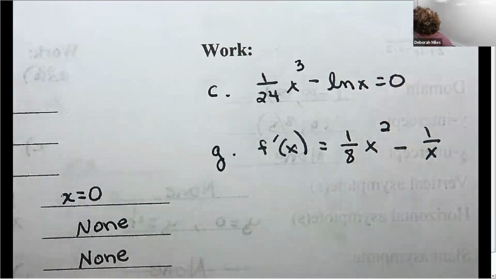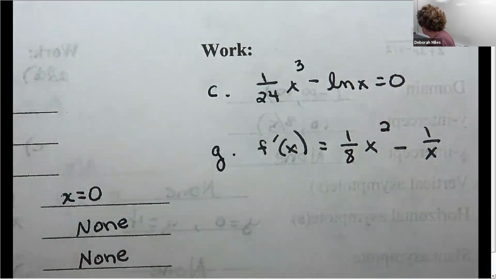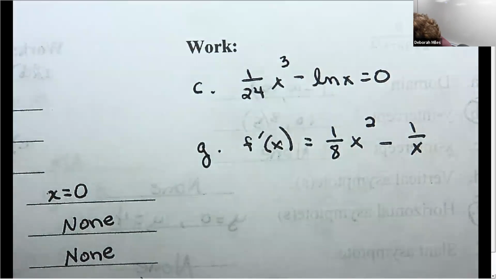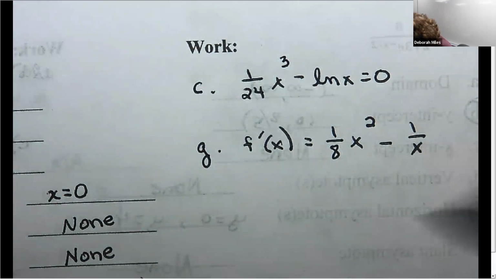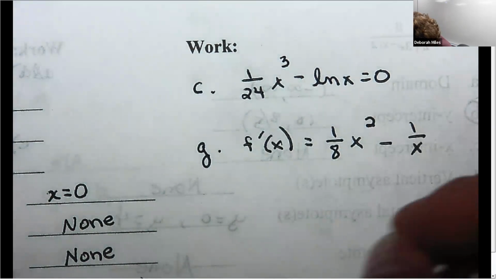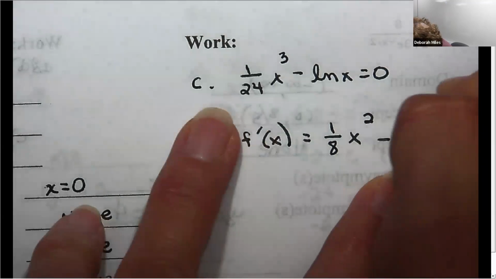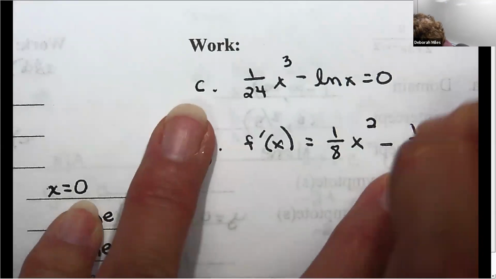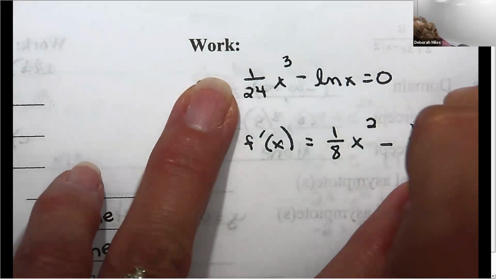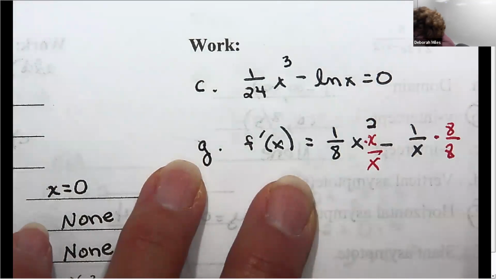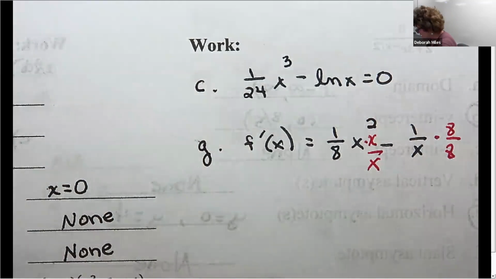Before I can find critical numbers, I'm probably going to need that to be combined as a single fraction. The LCD would be 8x, so I'd need to multiply this one by 8/8, and this one by an x over x to get my common denominator, 8x.